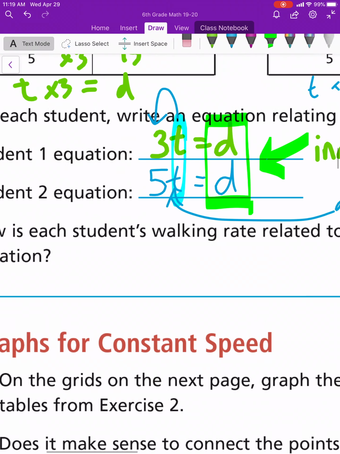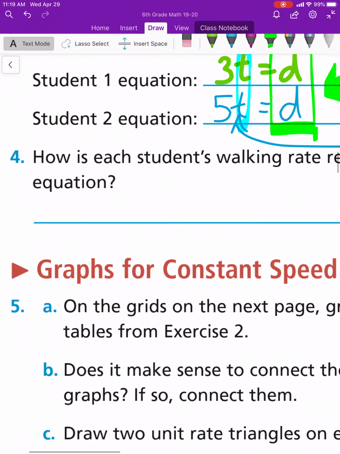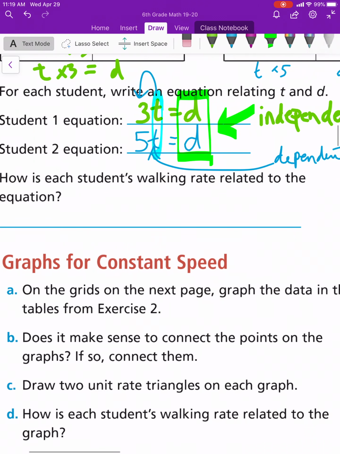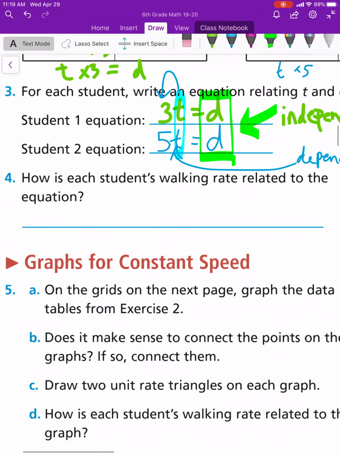Okay, let's move on. So how is each student's walking rate related to the equation? Well, that relates to the coefficient, right? Like I just said. The walking rate is the coefficient of t.